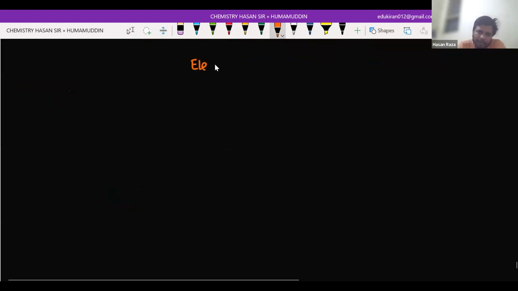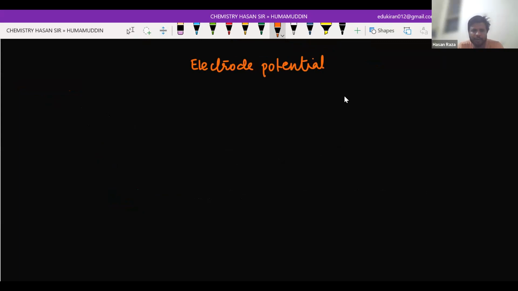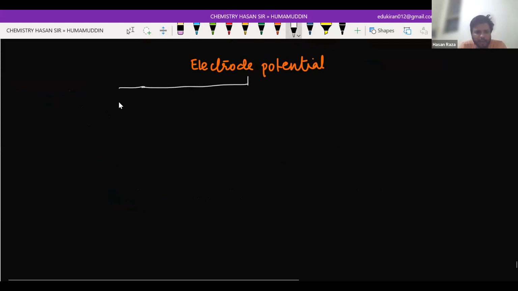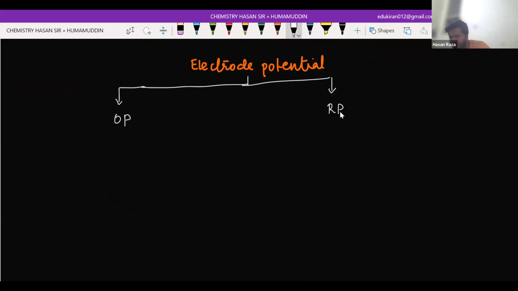Now see, you saw that electrode potential is of two types. The first one we have studied is your oxidation potential, and the second one is your reduction potential. You can go for a standard oxidation potential and a standard reduction potential.